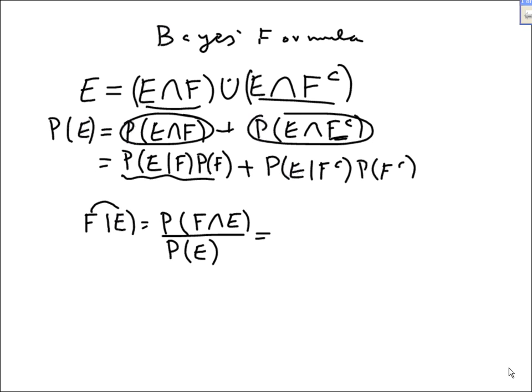Now, let us look at the probability of F intersect E for one moment. This is the same as the probability of E intersect F.